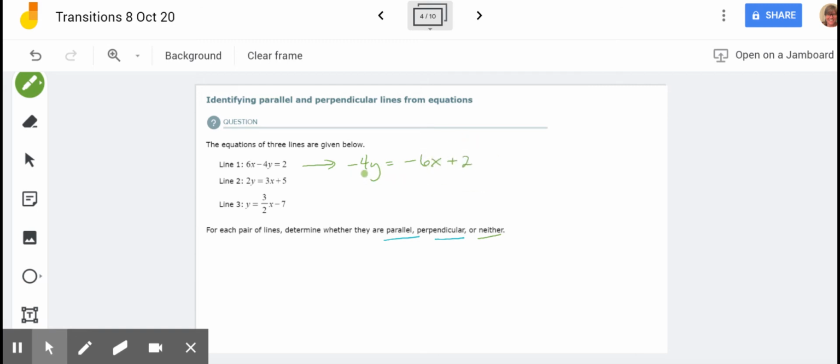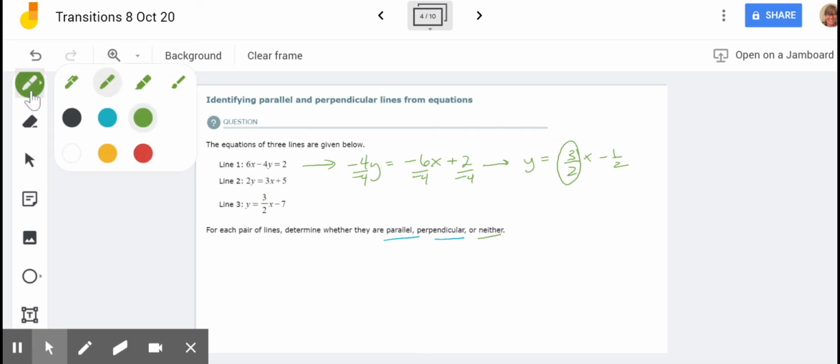Okay, divide everything by -4. Okay, and we're going to get y equals 3/2 x minus 1/2. Again, it's just me being a math person that I can't not finish the problem, but the only thing I care about is the slope.